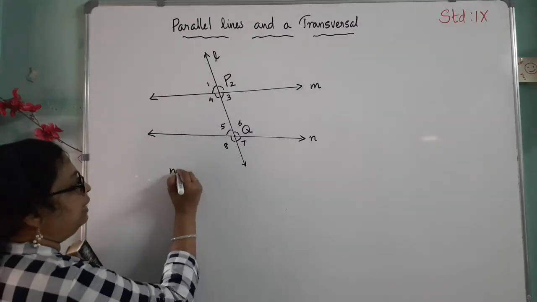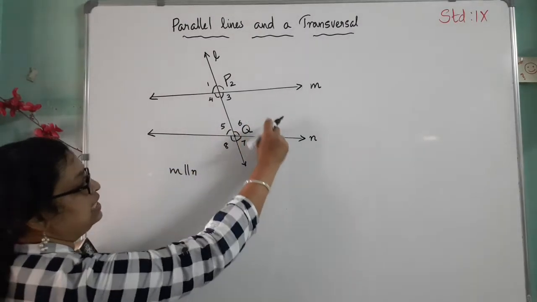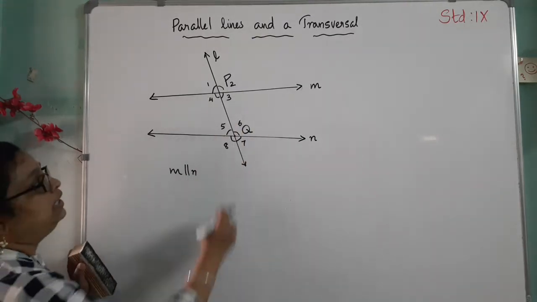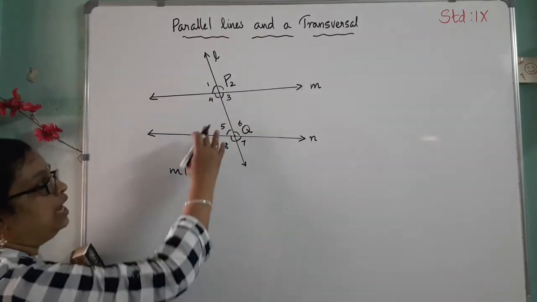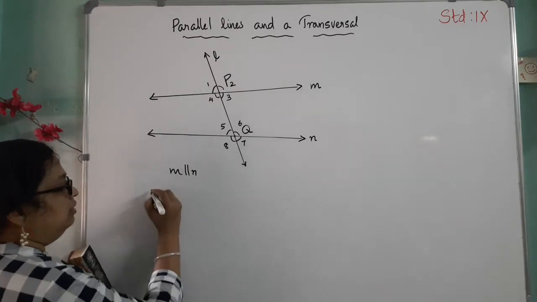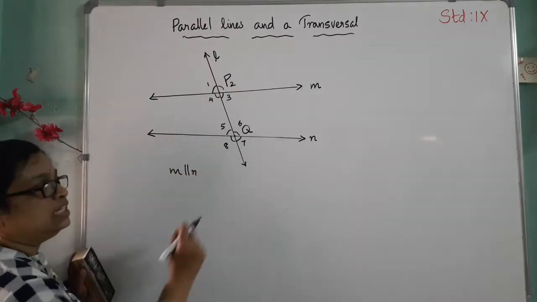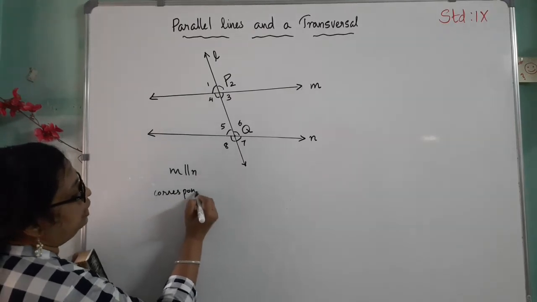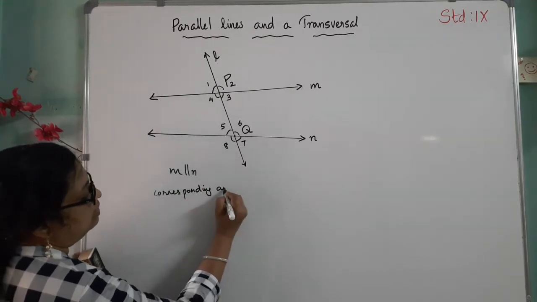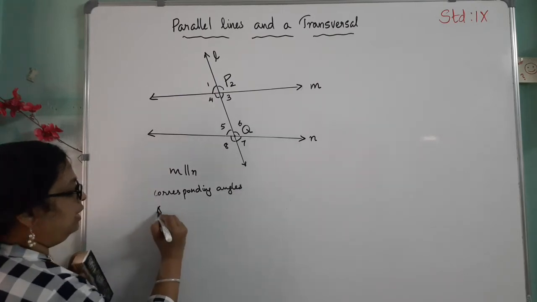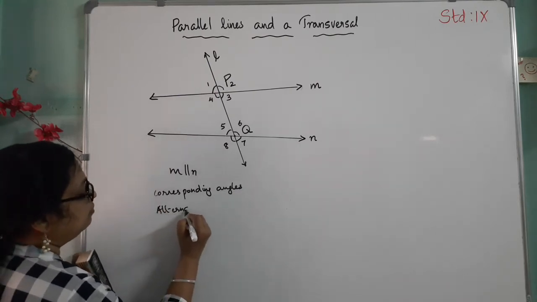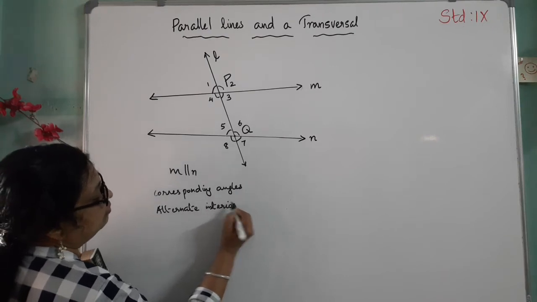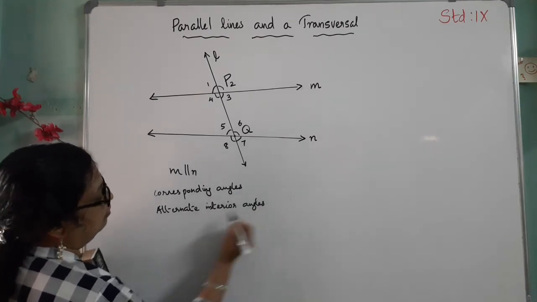Consider M parallel to N, that is this line is parallel to this line. M is parallel to N. Then let us find out the relation between the angles formed. Then we know that when a transversal intersects two lines, then corresponding angles form. Then alternate interior angles formed.